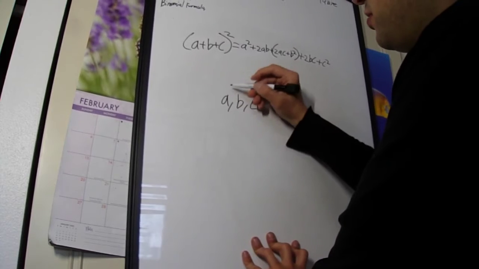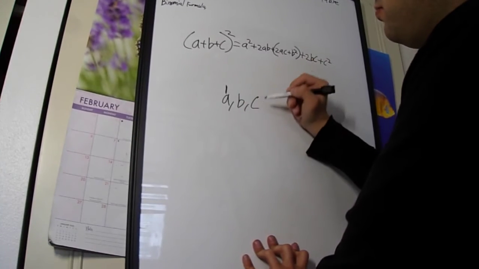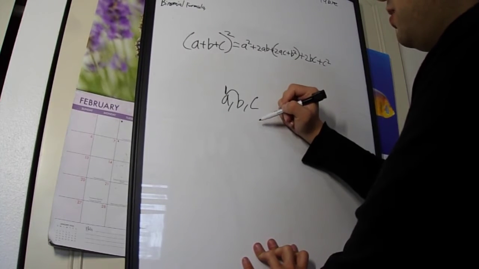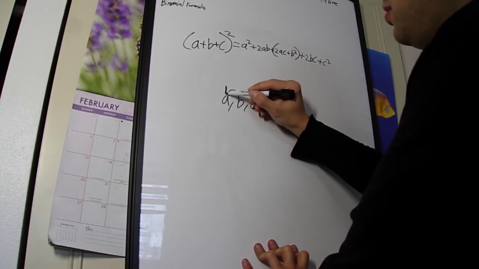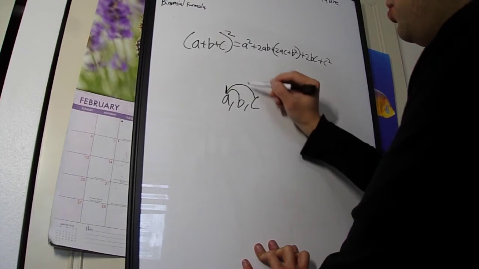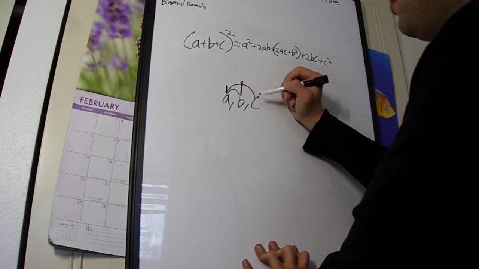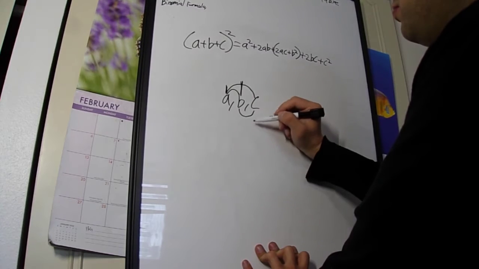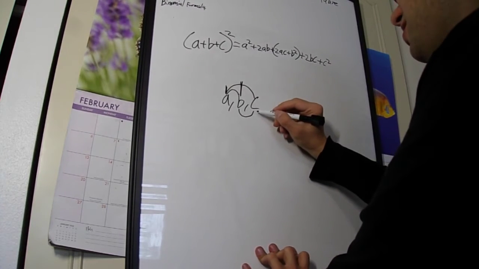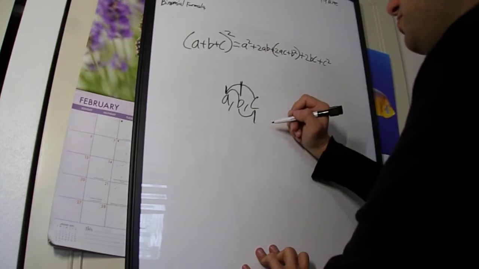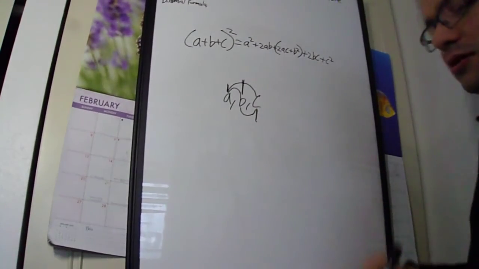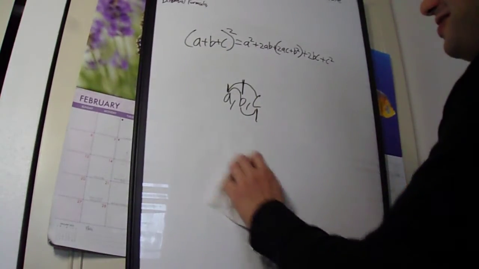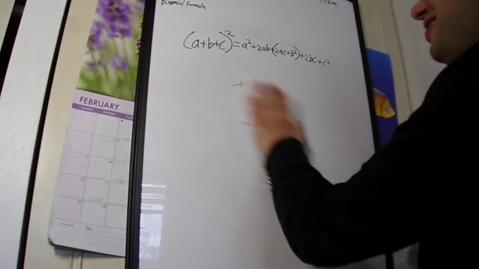And first I square this one, then I double multiply these two for the next one, then I double multiply those two and square the middle, then I double multiply those two, then I square that one. I know, it looks kind of like a happy face. Not what I'm going for. Anyhow.